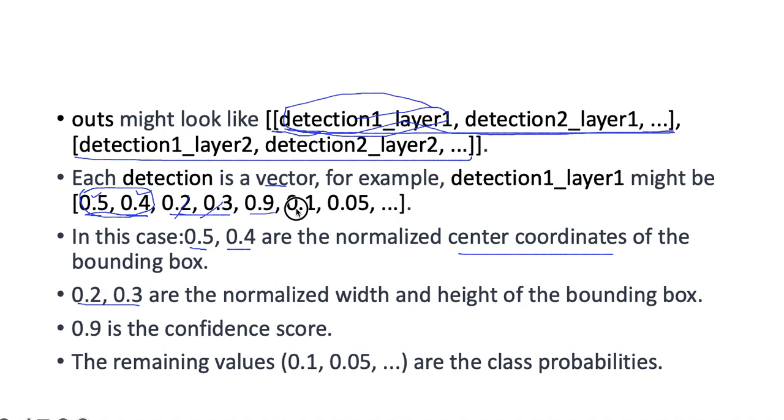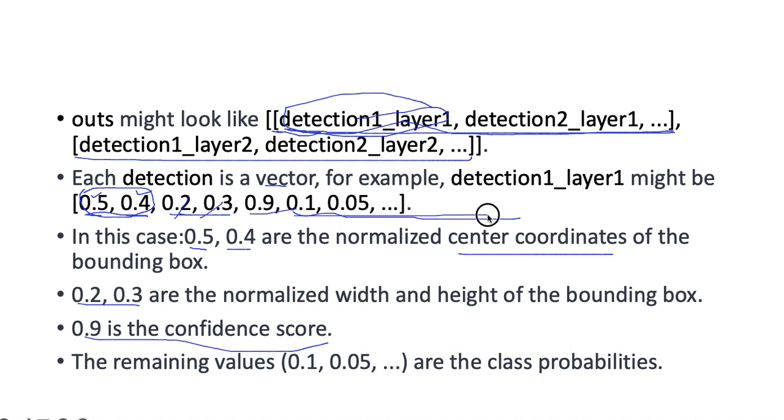And this 0.9 is the confidence score. Confidence score means how confident the model is that this detected object is indeed an object, not noise or some portion of the background. And the remaining values from here onwards, there will be 80 values here.